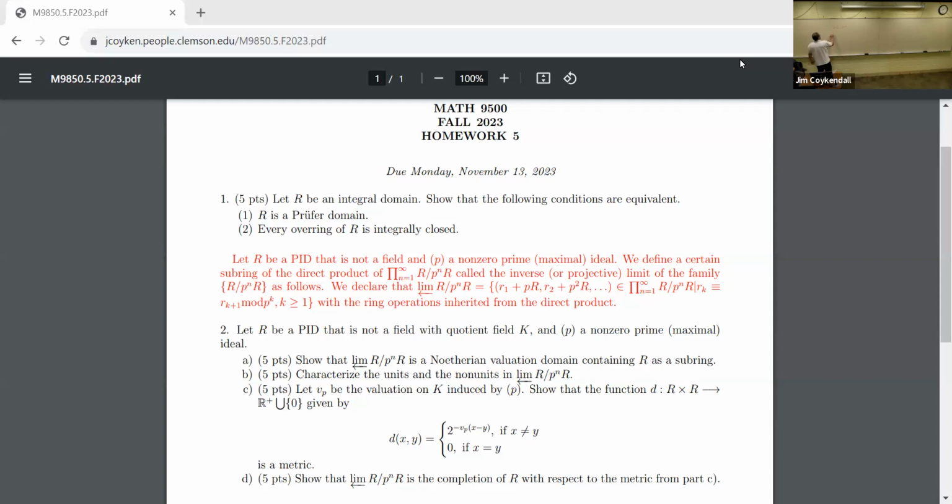So if you look at the limit, this set of R1, R2, R3, and so on forever, such that Ri... well, actually, let me break this out because that'll be better.